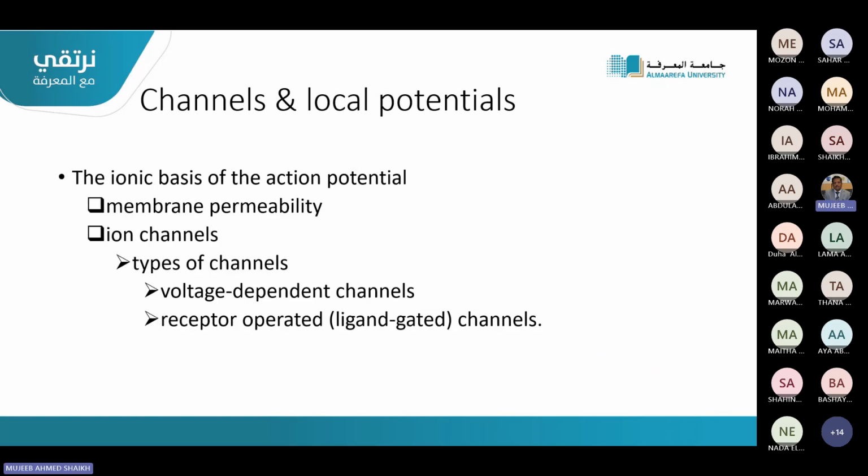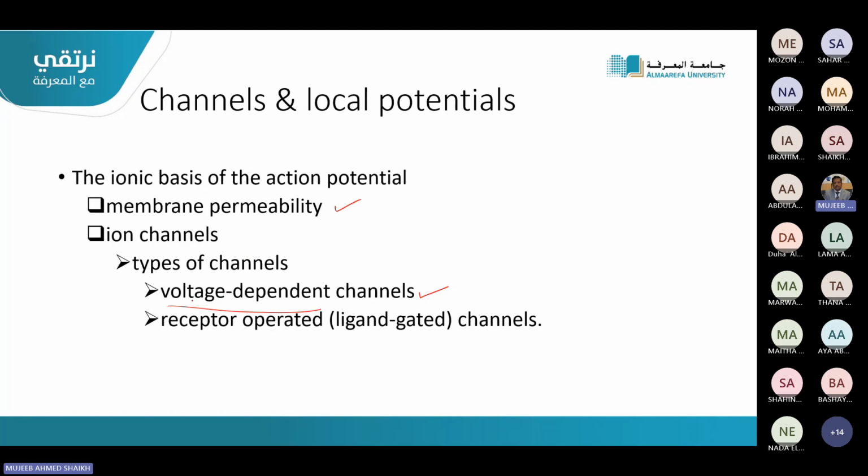So again, action potential or local potential is produced because of the permeability, if the cell is more permeable to some ions and less permeable to other ions. Also the type of channel present matters, as some channels will open because of a change in the voltage.